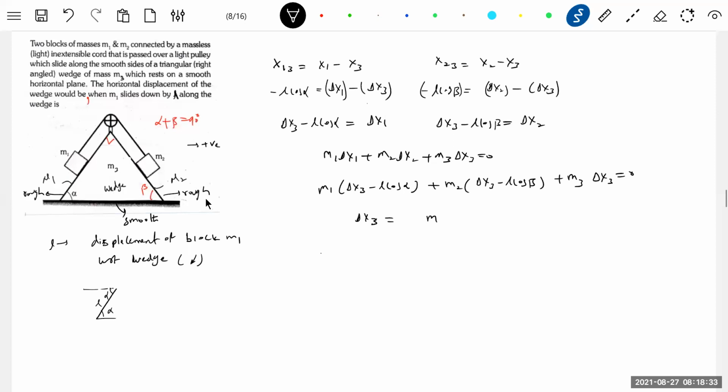Okay, delta x3 will be, so this will become M1 L cos alpha, M2 L cos beta by... I got a positive sign. What does it mean?